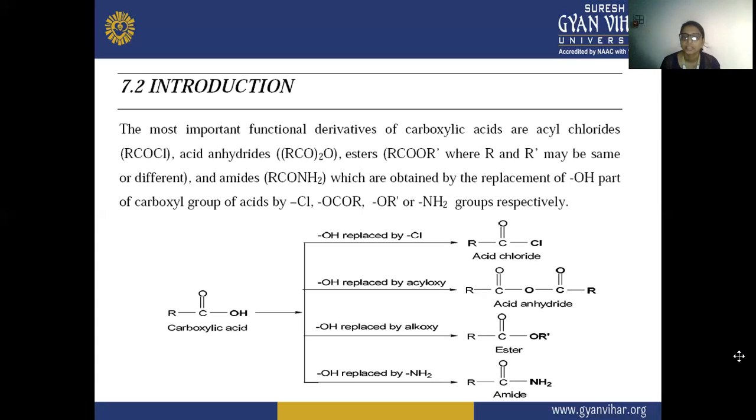And amides, which are obtained by the replacement of the OH part of the carboxyl group of acids by Cl, OCOR, OR and NH2 group. So these carboxylic acid derivatives are formed by the replacement of the OH part of the carboxylic acid, and there is a formation of these four types of carboxylic acid derivatives.